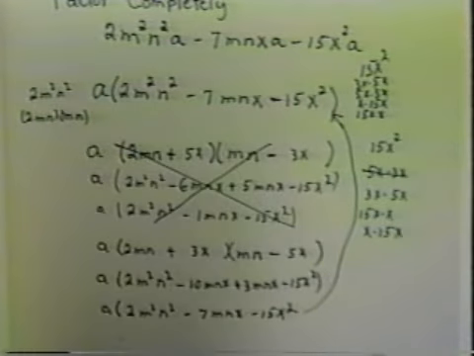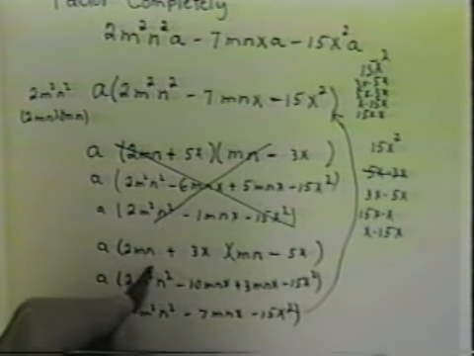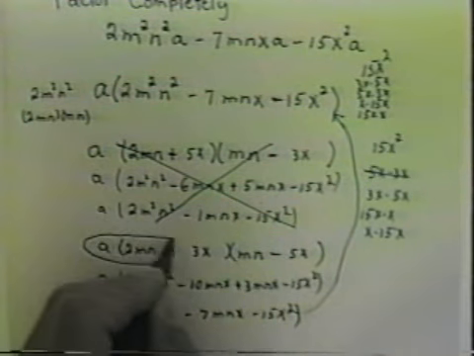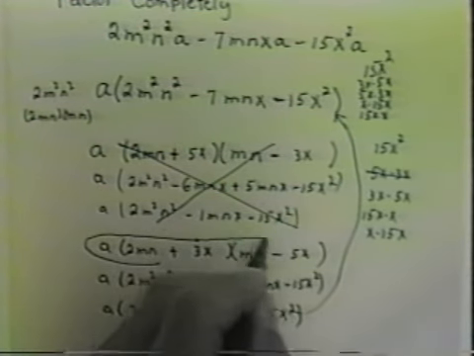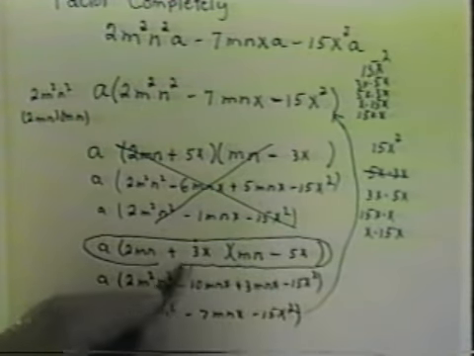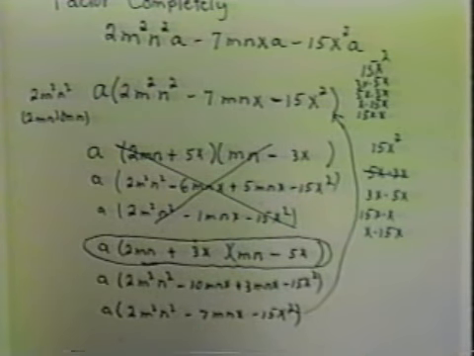When I remove the common factor of a, I can see that it does indeed check. So therefore, I will check my answer as being a times 2mn plus 3x times mn minus 5x.